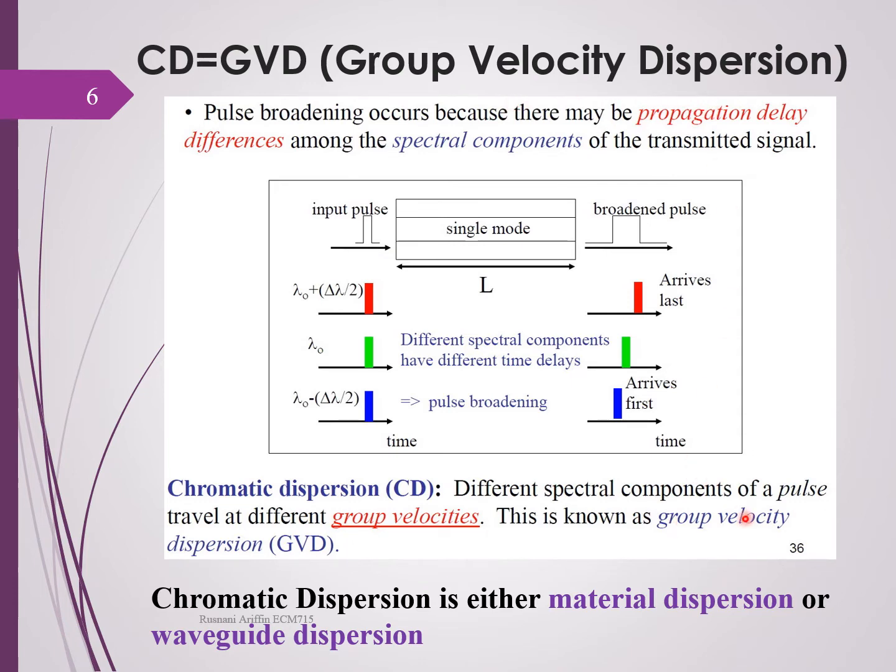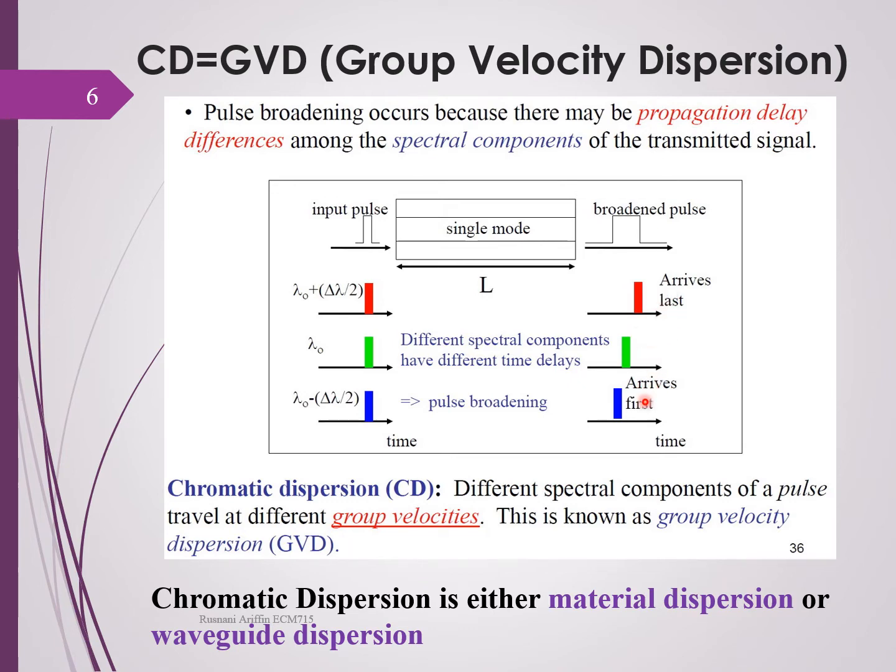Now let us look at group velocity dispersion. Group velocity dispersion is due to chromatic dispersion. We know that different spectral components of a pulse travel at different group velocities. The different components, the red wavelength, the green wavelength and the blue wavelength, will arrive at different times.